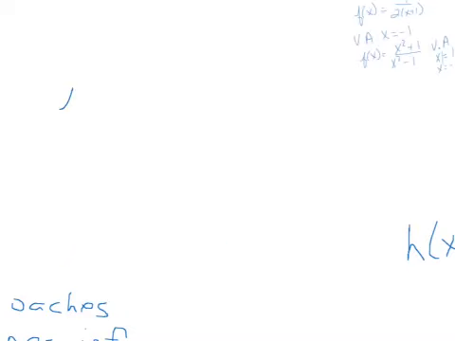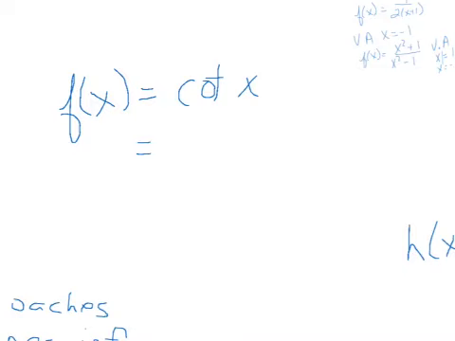Let's look at a trig function, because everybody loves trig functions. And I want to determine where I have vertical asymptotes. Now, hopefully you know what the cotangent looks like, but if you don't, you can always rewrite this as the cosine of x over the sine of x.